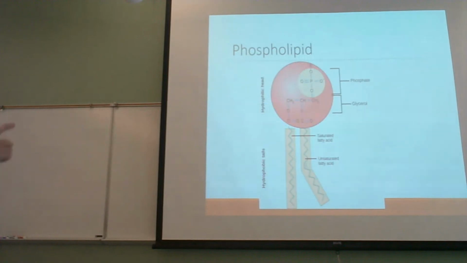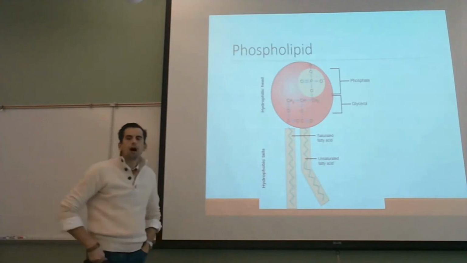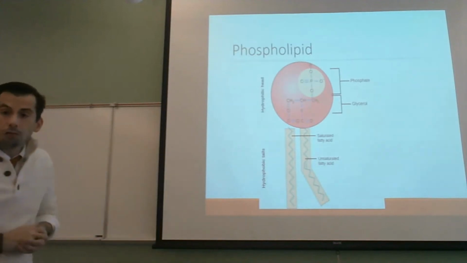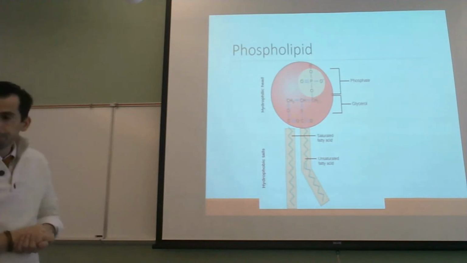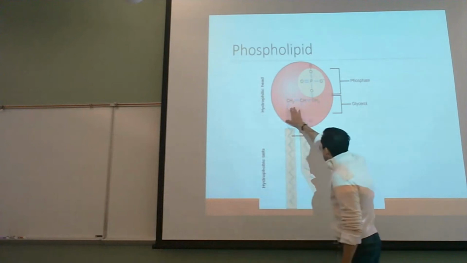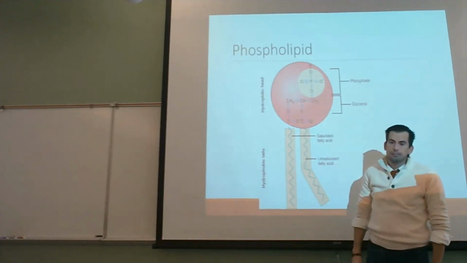The fluidity is simply because of this special molecule. It's called a phospholipid. This is the main component of our plasma membrane, the phospholipid. We have a glycerol backbone and an ionic phosphate head.